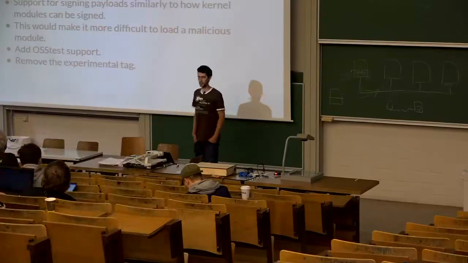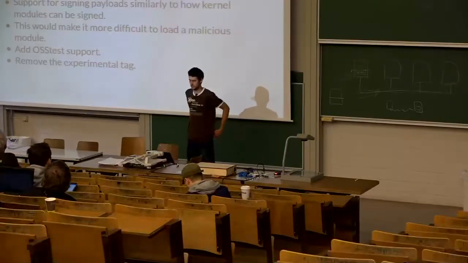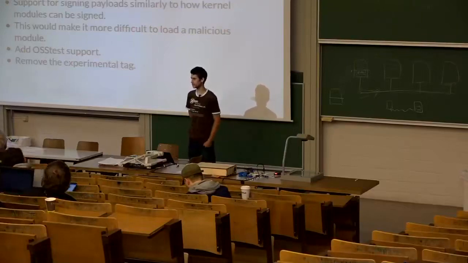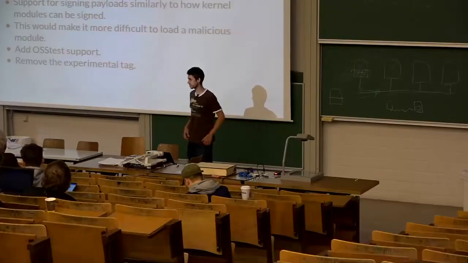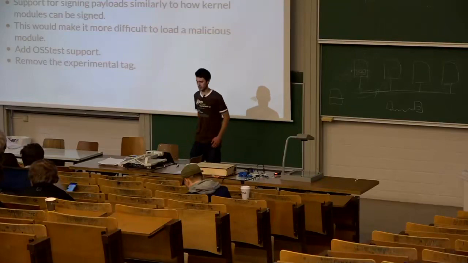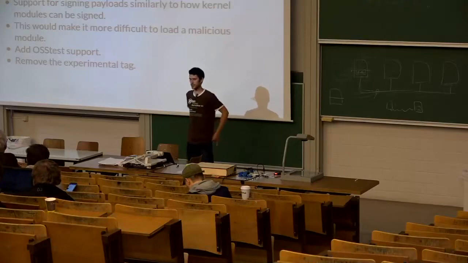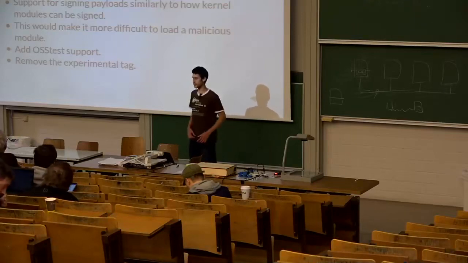We also want to add support for signing payloads. This would make it more difficult to accidentally or intentionally load a malicious payload, especially if you consider the vendor distribution scenario. I've got some patches to do that which I currently need to send out. Then finally, I think we want to remove the experimental tag in Xen and declare it as a supported feature.